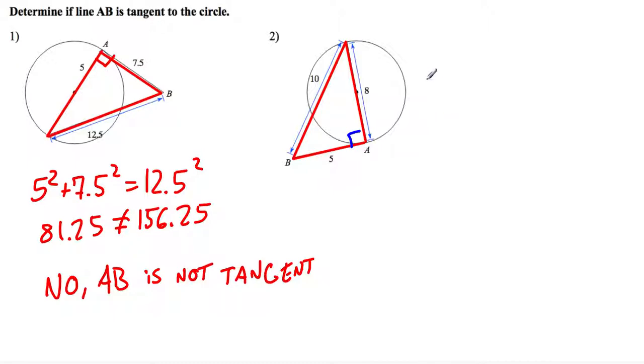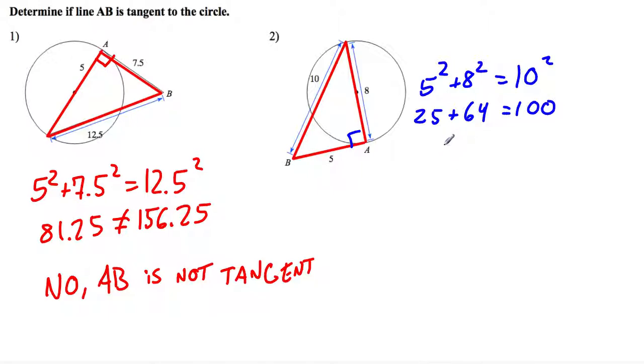So that means that 5 squared plus 8 squared is going to equal 10 squared. Without using a calculator, we can say that 25 plus 64 equals 100. And yet again, unfortunately, 89 does not equal 100. So again, no, this is not a tangent.